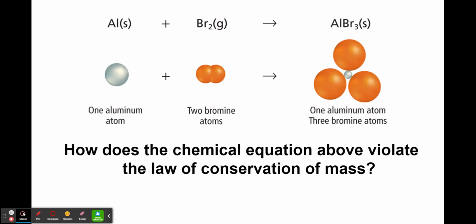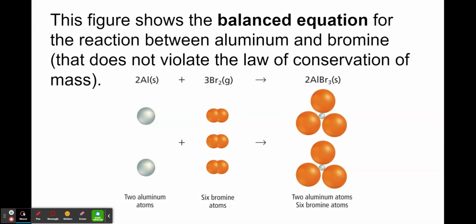So what we're going to see, which will be more accurate, is that this will be a reaction between multiple atoms of aluminum and multiple diatomic molecules of bromine to form multiple molecules of aluminum bromide. And this is just a single reaction. So it's not always going to be one of everything, right?